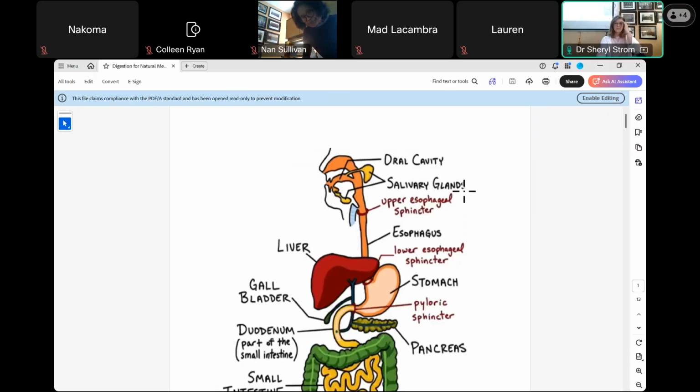Okay, so we left off with this diagram as the last thing from the last class. So we're going to start off with this. This is on your board exam, and the more details you know about the digestive system, the better off you will be.